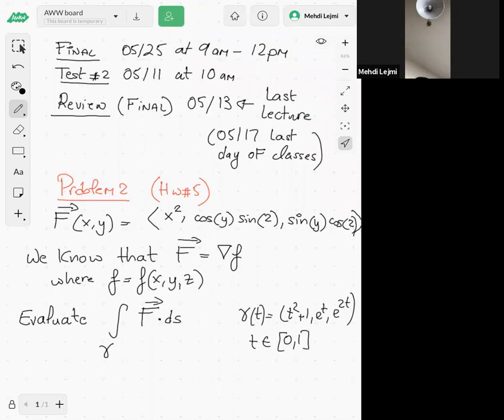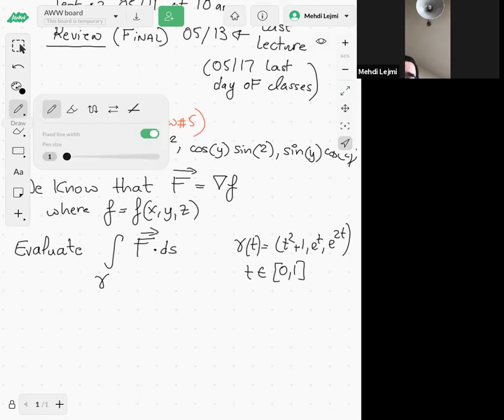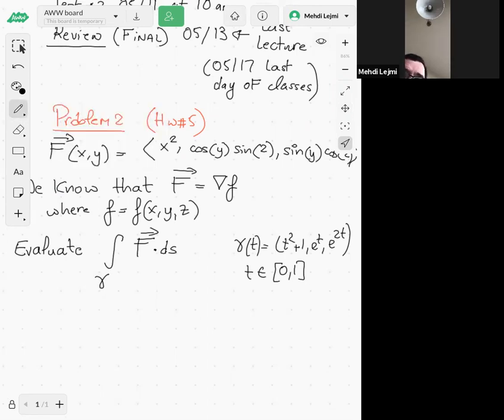So this is actually easier than what you think, because of the following. In the first point you prove that F is conservative, and so it's the gradient of some potential function f, right?